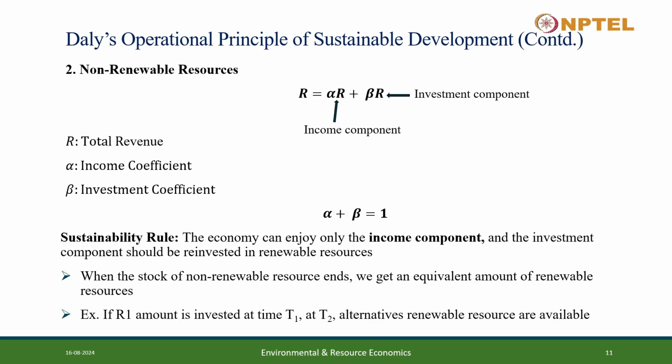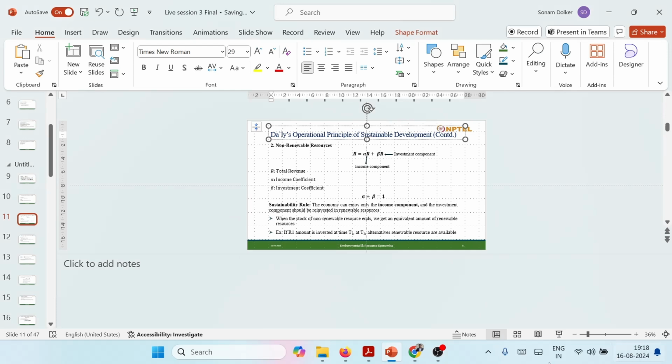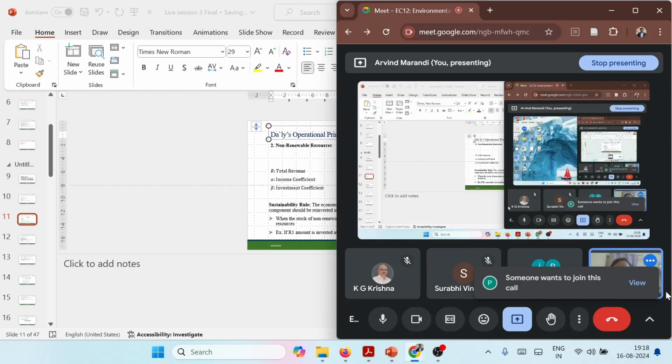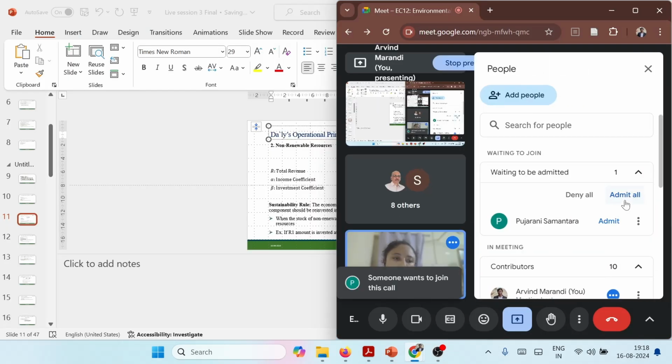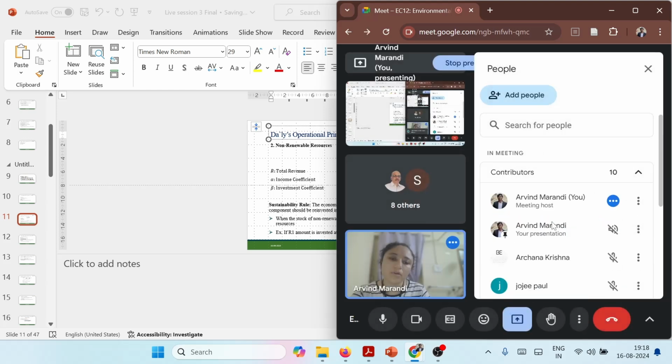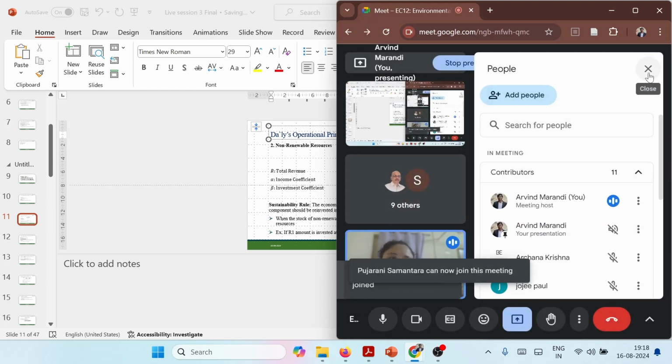Then at T2, when this resource gets exhausted, you have an equivalent amount of renewable stock that you can use. So that is what Daly proposed. For non-renewable resources, the investment should accompany the consumption. I hope I'm clear.